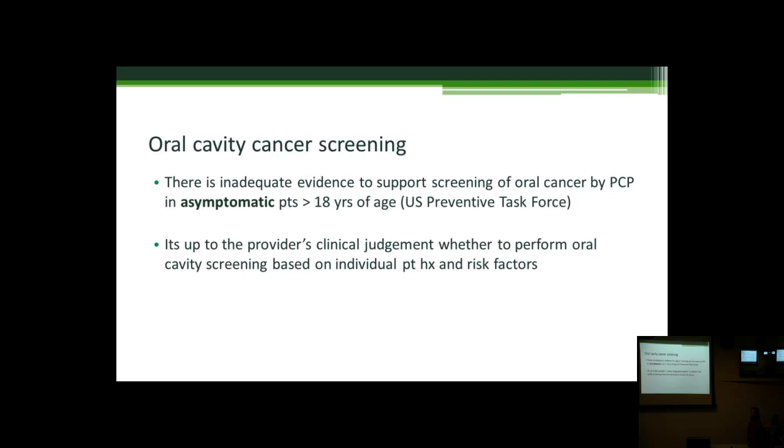That would just be getting a general history of potential exposures, any family history problems, and any symptoms that may suggest some type of oropharyngeal or neck lesion. So it's okay to screen for them. In my case, I generally do this for anybody who's older, even without them knowing it, because I'm already examining them.